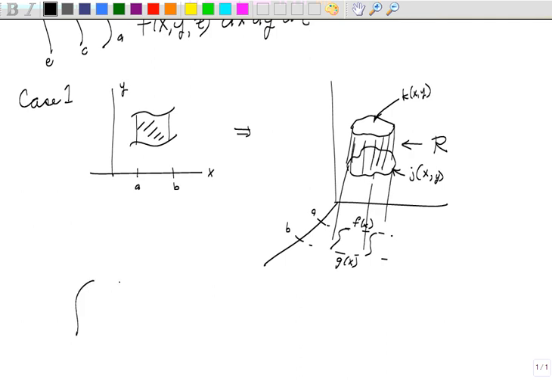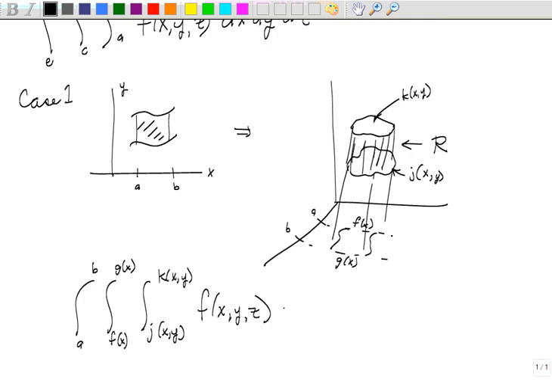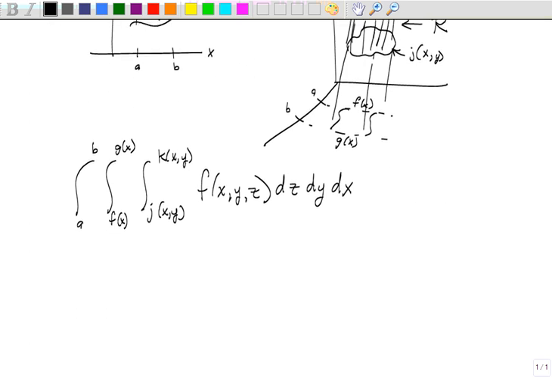In that case, we're going to integrate from j to k, and then from f to g, and then from a to b, dz, dy, dx.